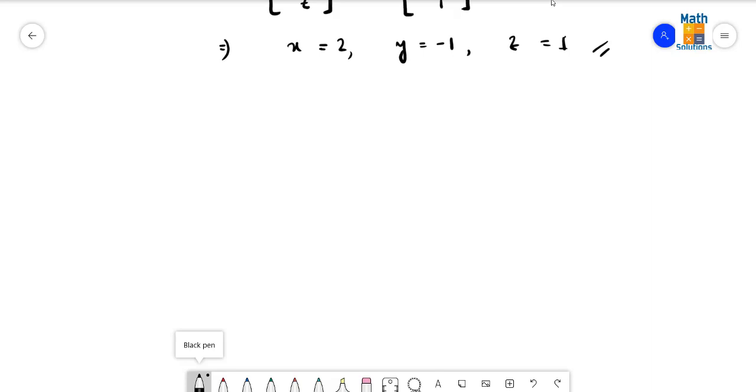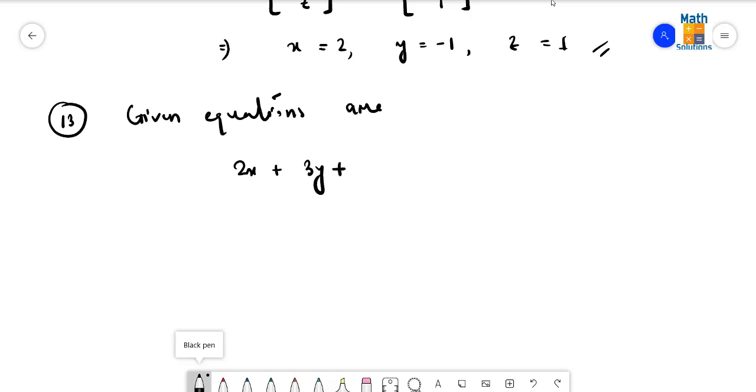Similarly, coming to the next question, this is question number 13. The given equations are: I get here 2x + 3y + 3z = 5.